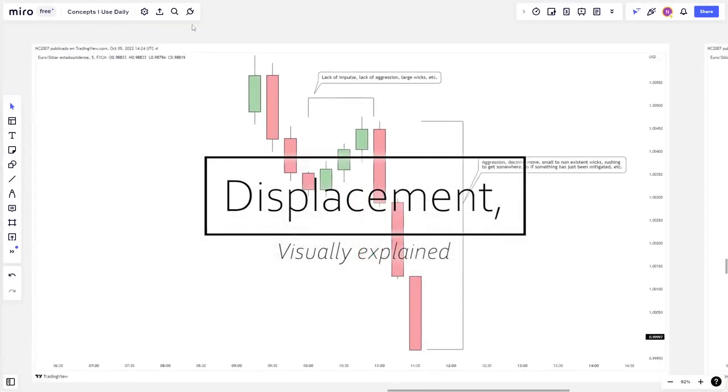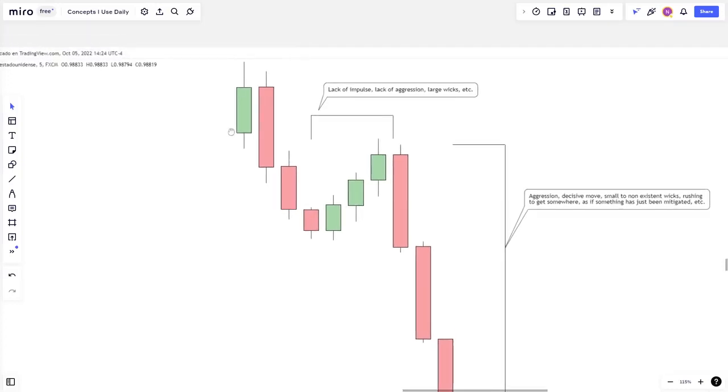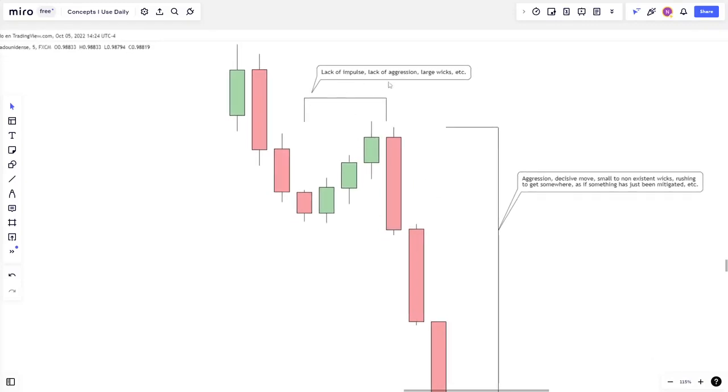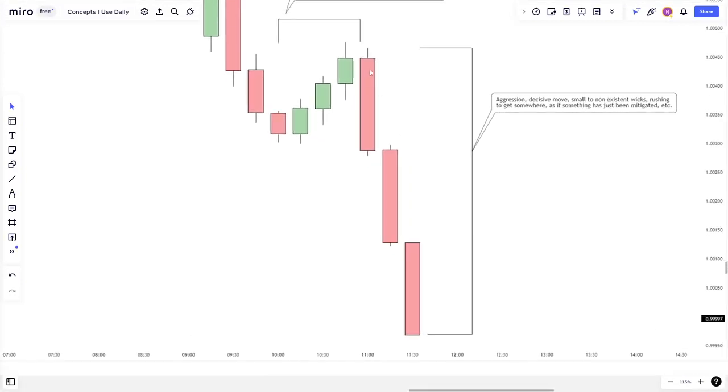But as an example, we have this little bit of price action where price was going a bit higher, then lower, with some kind of aggression. Then you can see how these couple of candles are small, some tiny wicks, so lack of impulse, lack of aggression, large wicks, etc. Now on the other hand, we jump onto this where we see aggression, fair value gaps being created.